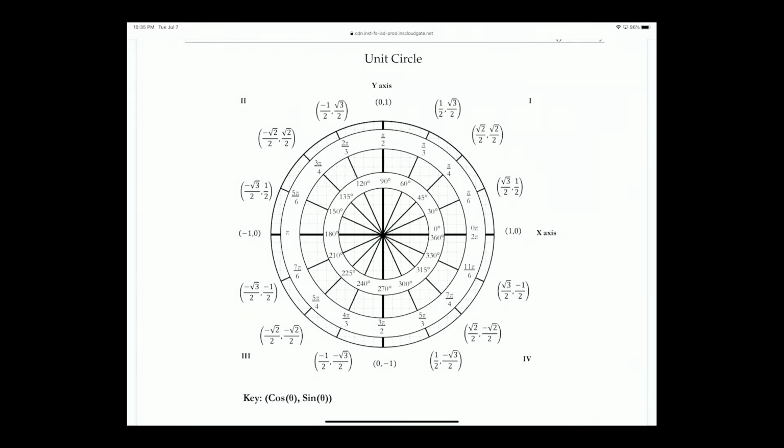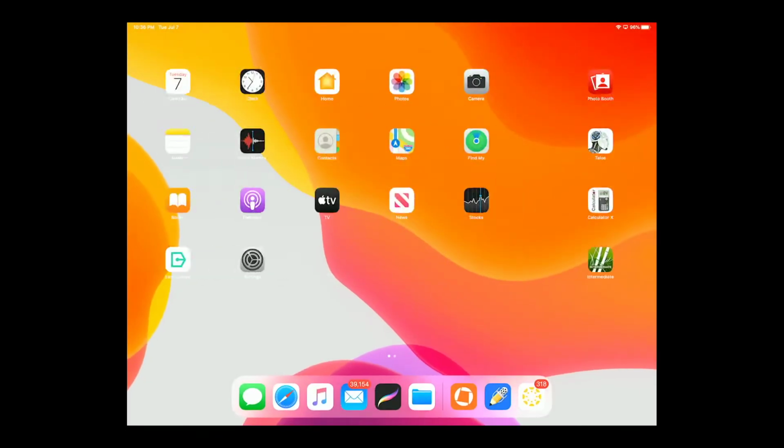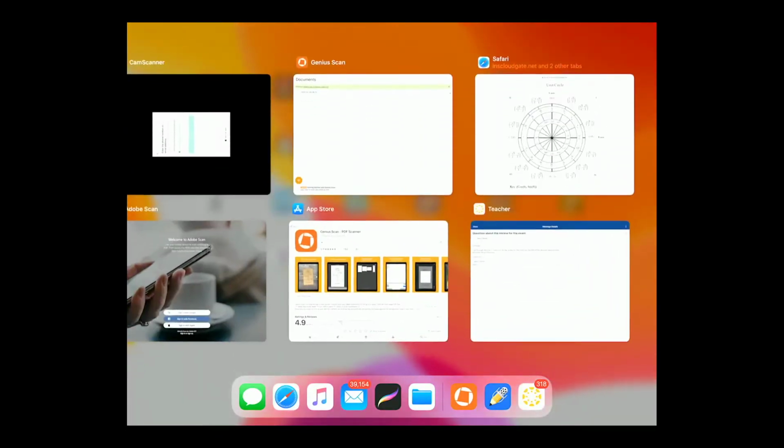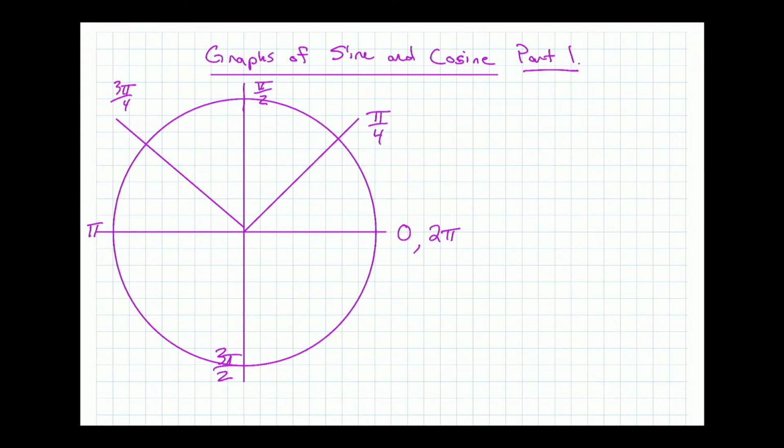Okay, so let's see here. I need to close this because iPad sucks. Open this up. All right, here we go. So I need the x and the y coordinates at each of these points. I'm going to do that in a different color to make it easier to see. So this point here is going to be (1, 0).